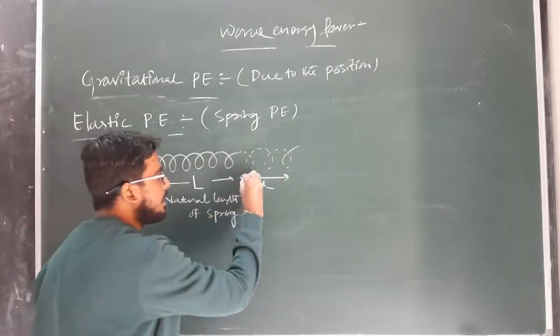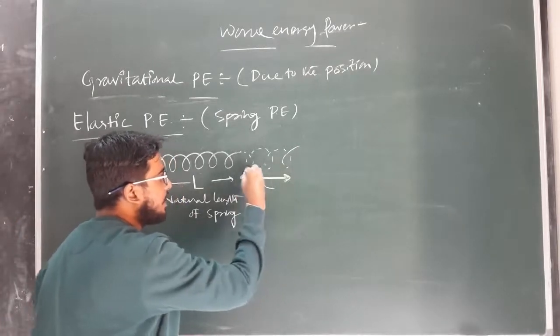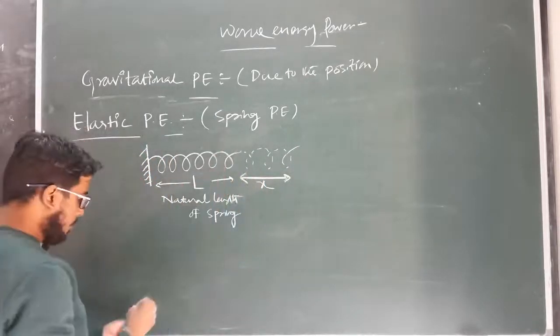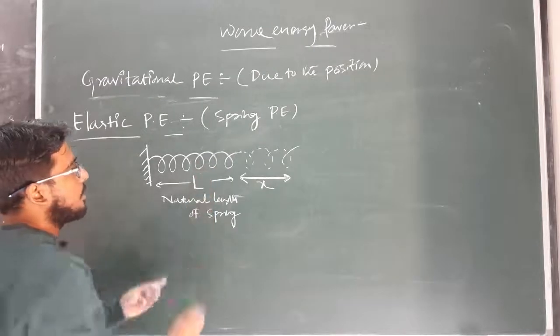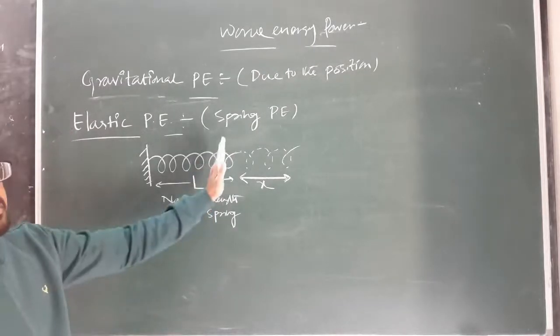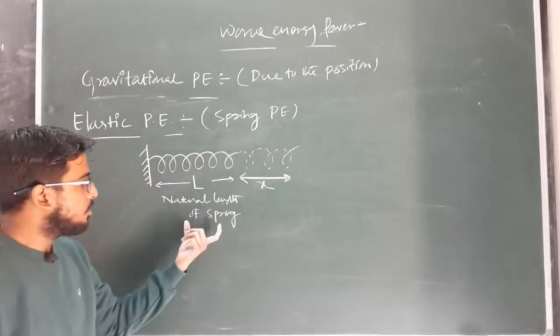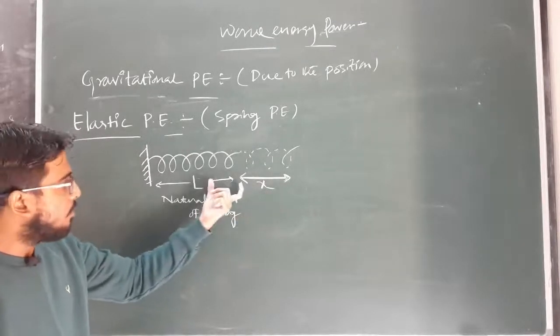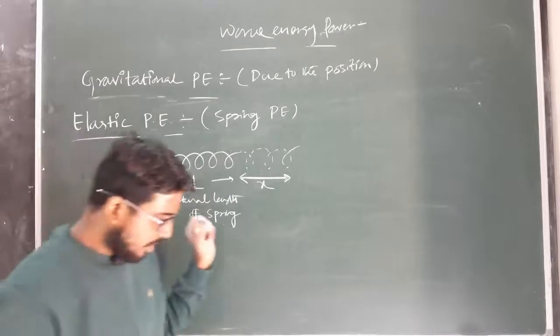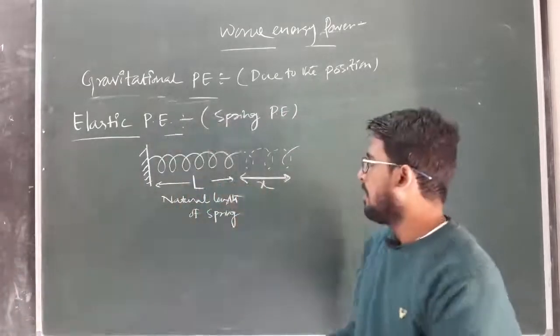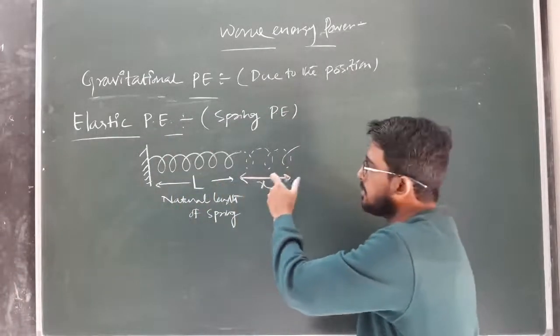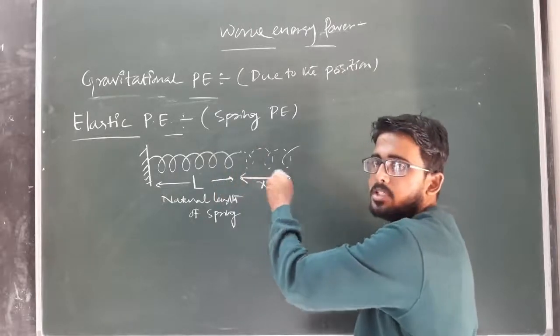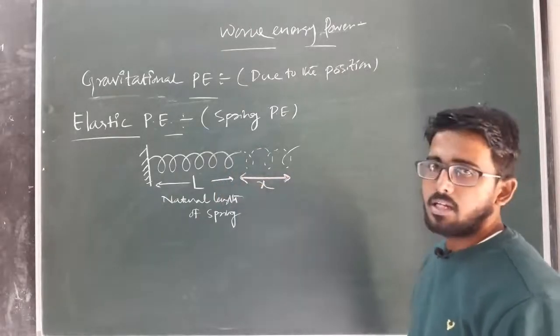We may stretch the spring by x, or we can also compress the spring by the same amount x. So whenever there is any kind of disturbance of the spring from its natural length, whether it gets stretched by a certain amount or compressed by a certain amount, then a restoring force always acts along the spring which always tries to bring back the spring to its initial length or natural length, clear?